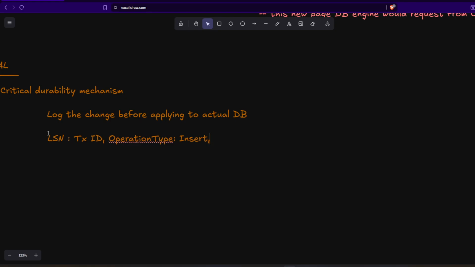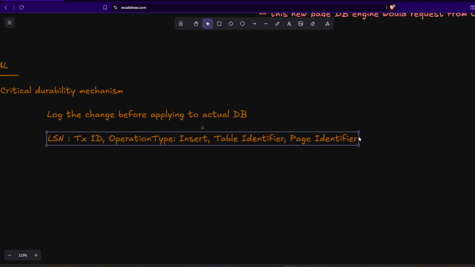Then things like the table identifier, it doesn't take the table name directly, and the page identifier, the particular page it is inserting the data into. All those details, and alongside, of course, a very important term: timestamp.